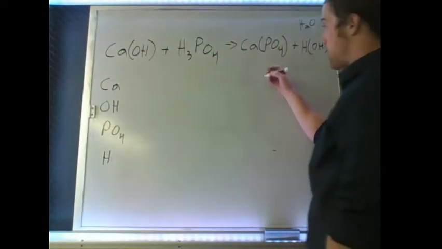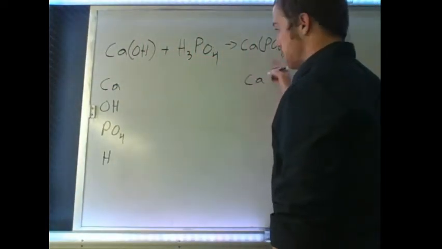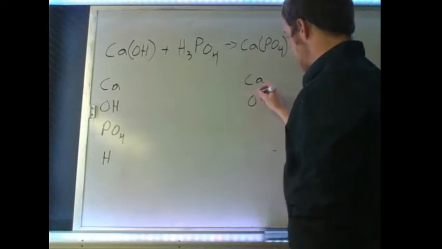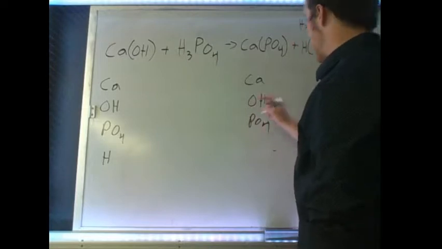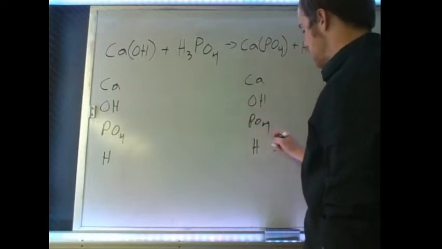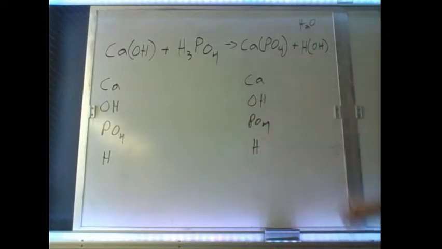Looking at the product side, I still have my calcium, I have my OH, I have my PO4, and I have my H. So by separating this H and OH, it makes it much easier when trying to balance the equation, because now you're going to be looking at OH instead of just counting the H's, where you'd have to count those 2 separate.